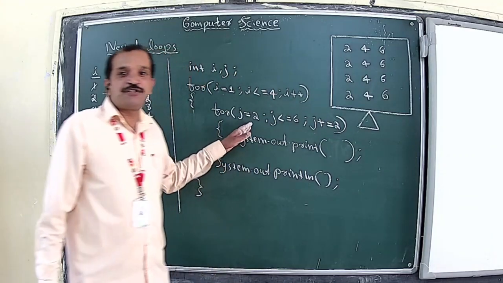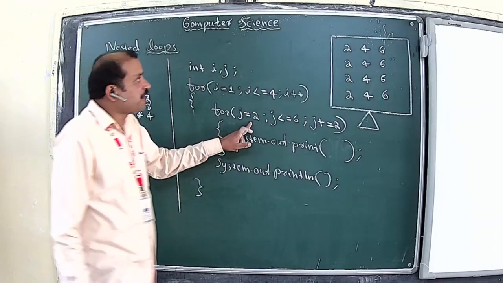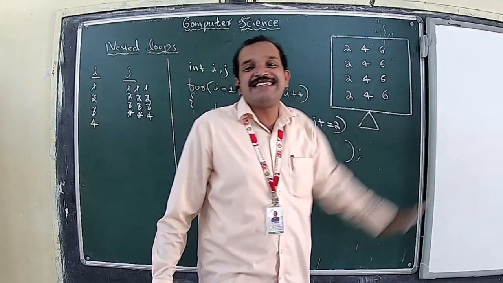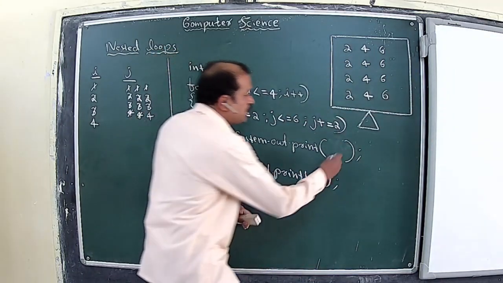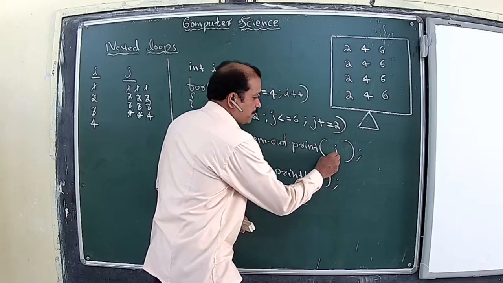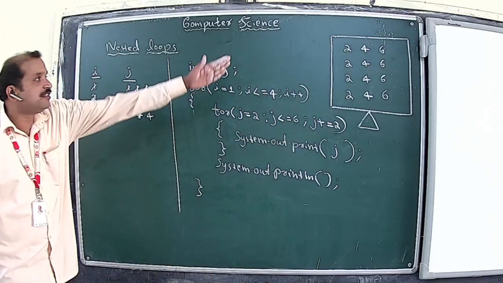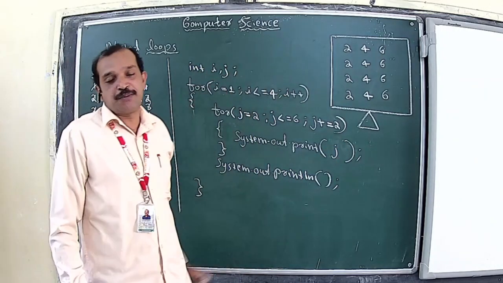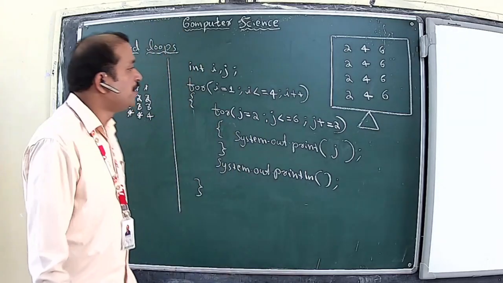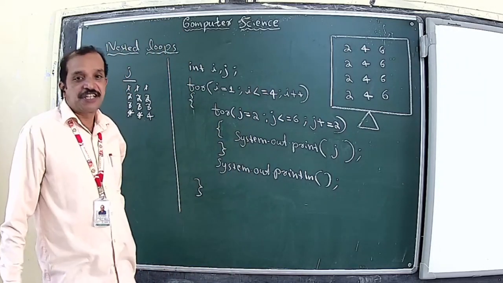Therefore, the values of the inner loop control variable will iterate through 2, 4, and 6, thereby producing this output, and j can be printed here. And using this program, this particular output will be displayed. This is how it can be done. Alright, so this second one is also clear.